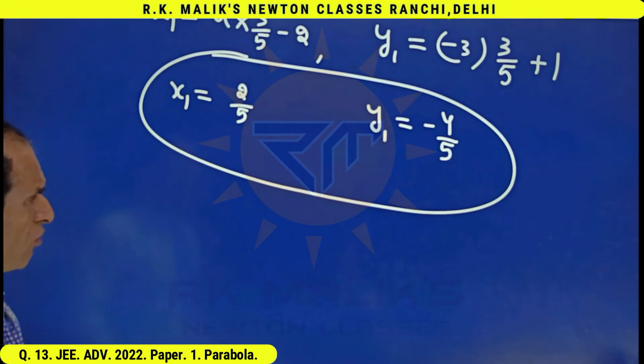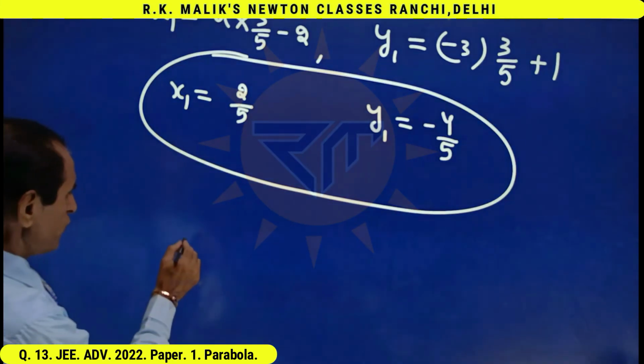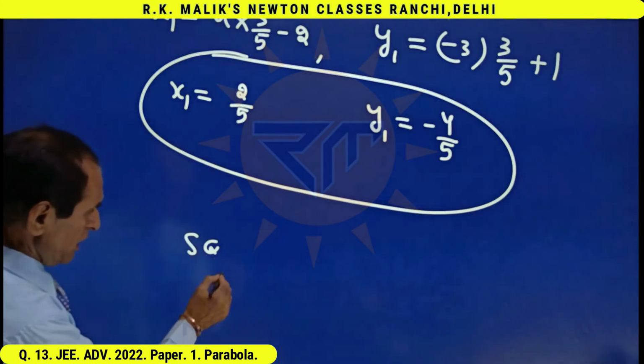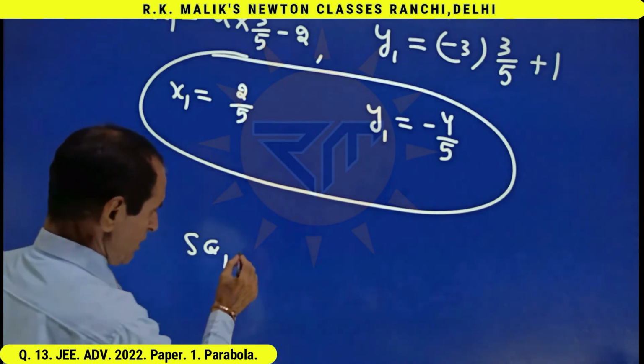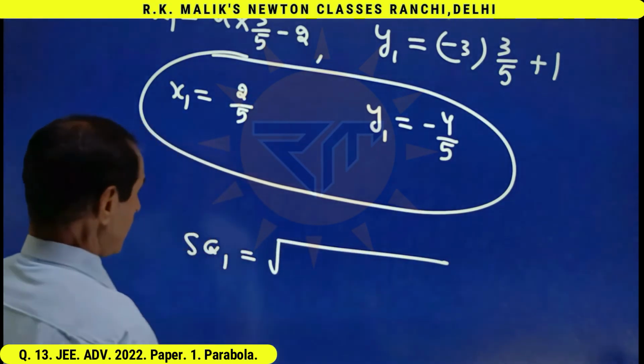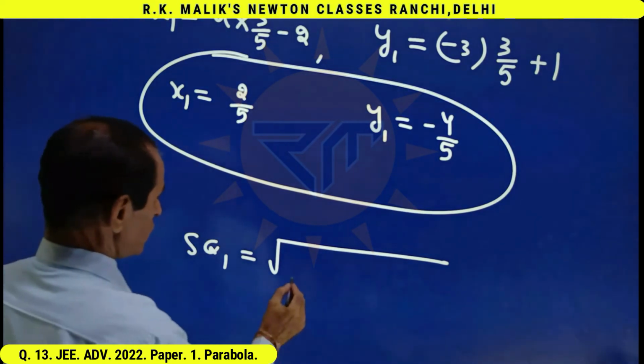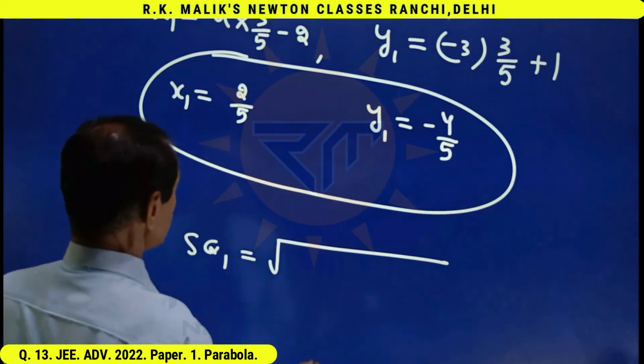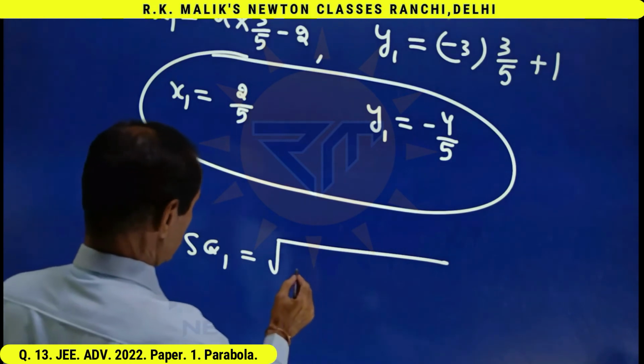And now after collecting all the information, first I find the length SQ1. S is the point (1, 0) and Q1 has the coordinates (2/5, -4/5).